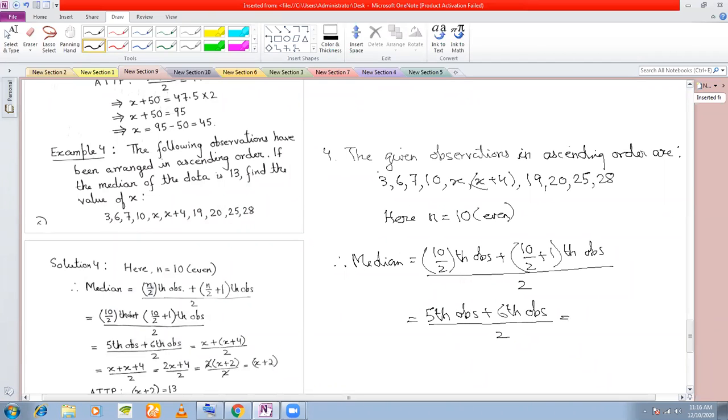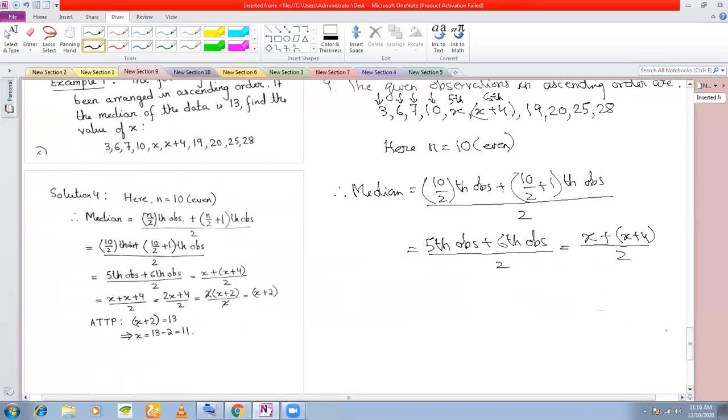Now the 5th observation is x, and the 6th observation is x plus 4. So x plus x plus 4 divided by 2 is 2x plus 4 divided by 2, which is twice x plus 2 divided by 2. The 2 and 2 cancel out, and you get x plus 2. So the median is x plus 2.